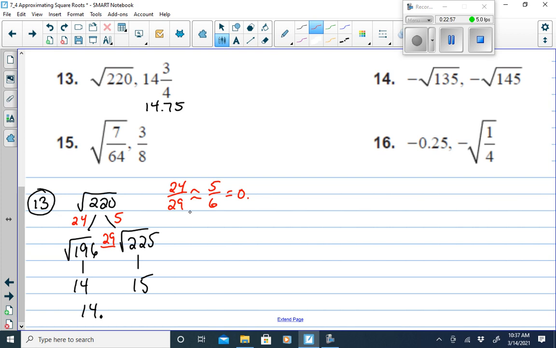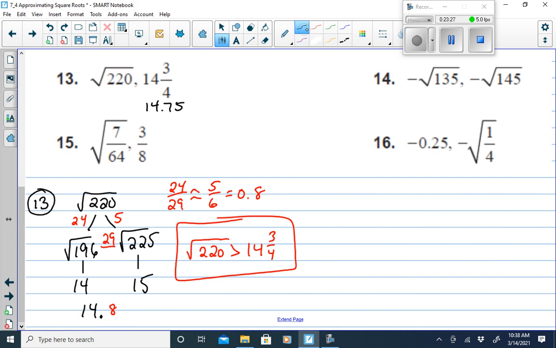So we know that that's going to be a little bit greater. It's about 14.8. So that's going to be greater than the 14.75. So when we're comparing for problem 13, the square root of 220 is going to be greater than 14 3/4. All right, but we have to find that approximation.